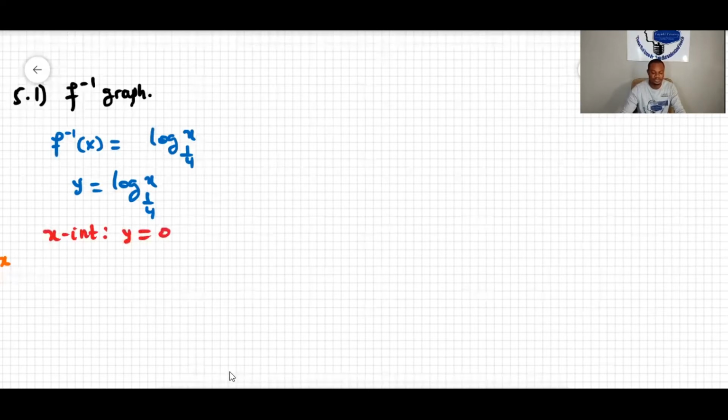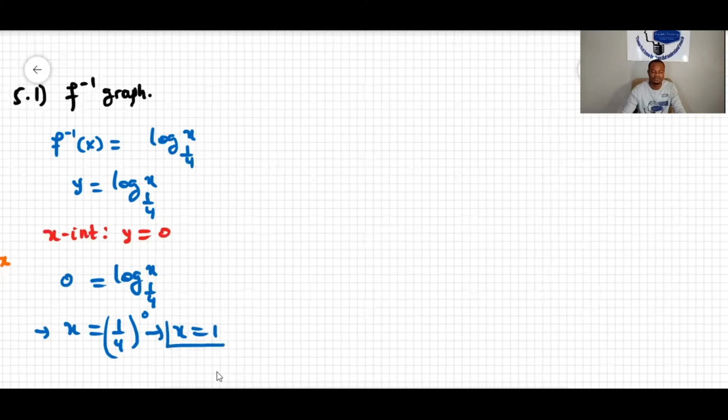So we sub y by 0 there. This means x is equal to a quarter to the power of 0, according to the log formula. So x will be equal to the base to the power of 0, and this means x is equal to 1. So the x-intercept is 1.